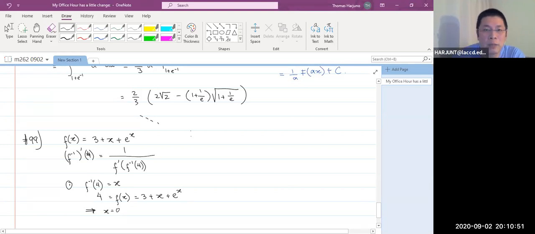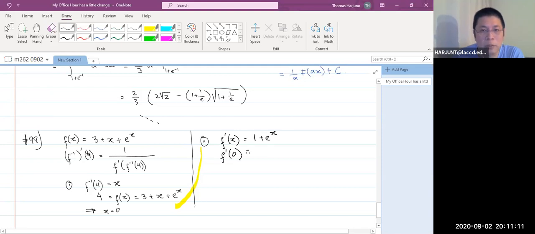Then second step, what is f prime of x? f prime of x would be 1 plus e to the x, such that f prime of 0 will be 1 plus 1, which is 2.